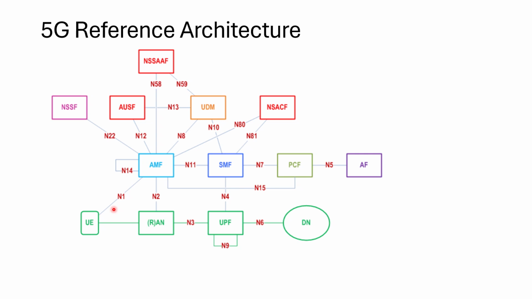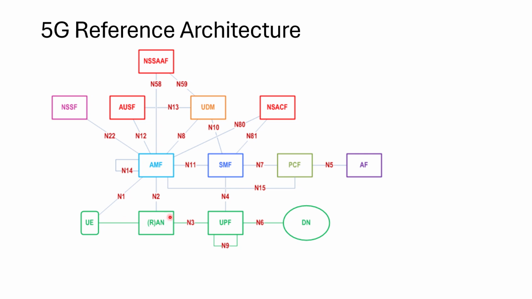This is the logical connection directly between the UE and the AMF. It carries non-access stratum, or NAS, messages used for registration, authentication, and session request, even though it physically travels through the radio and logically to the AMF.